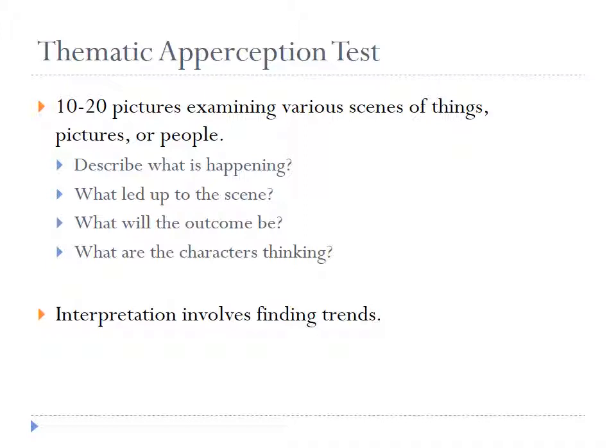What led up to that scene? In other words, what was the action or the dialogue that took place right before this image was captured? What will the outcome be? Playing it forward, what happens next as a result of what you saw in the image?